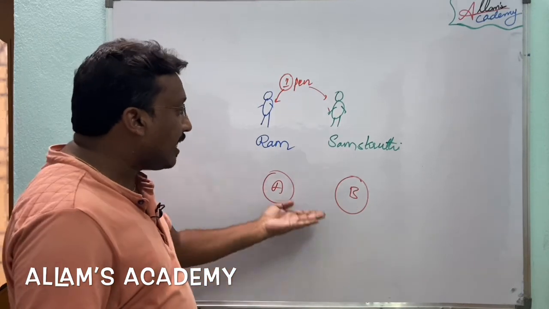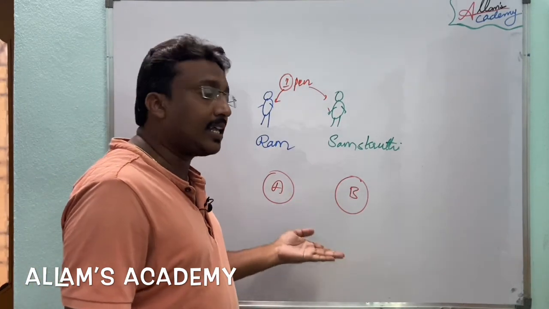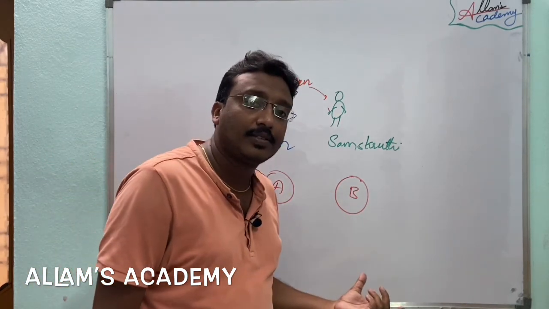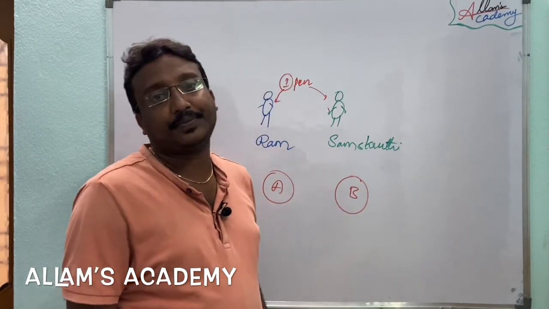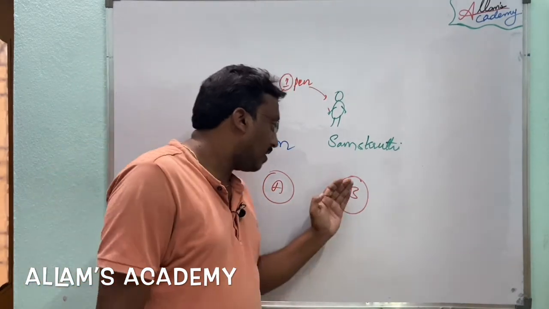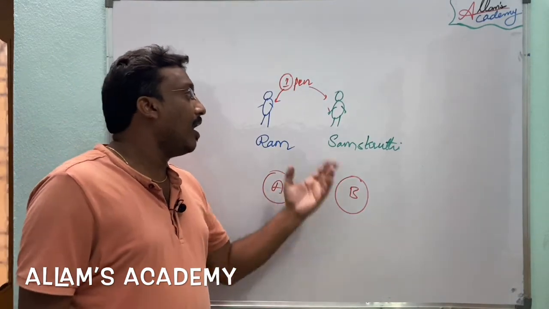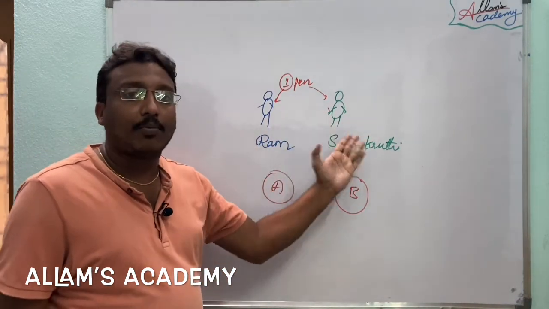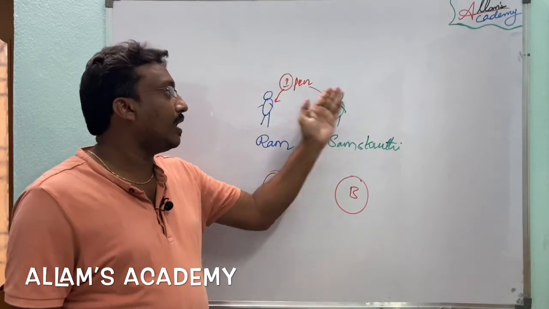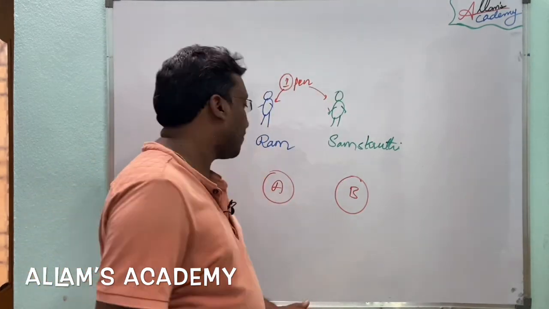Got it now? Likewise, between atoms also it is possible. Is there any chance to share the electrons between the atoms? Yes, there is a chance to share the electrons between A and B, like Ram and Sam shared the pen.